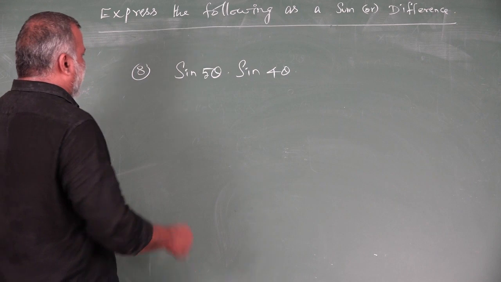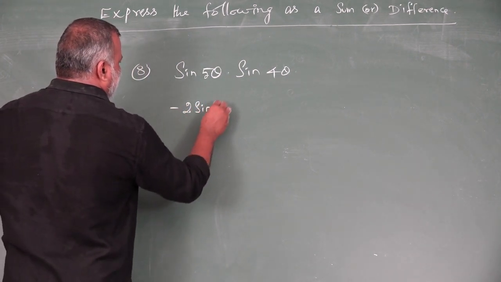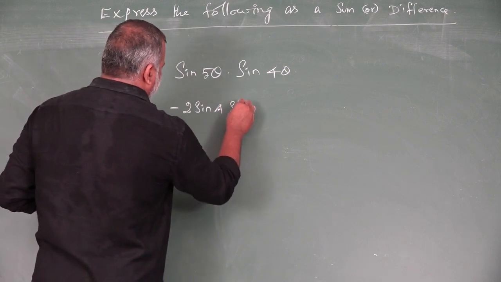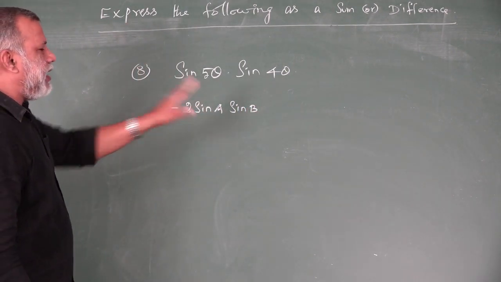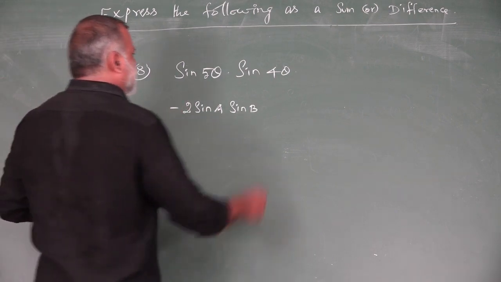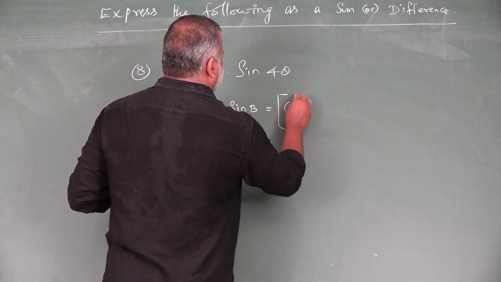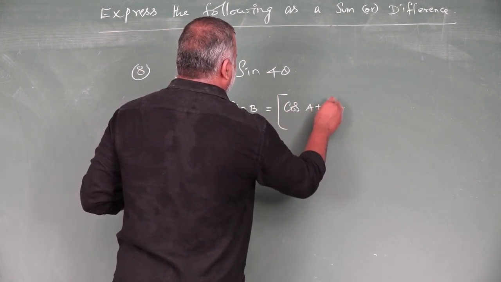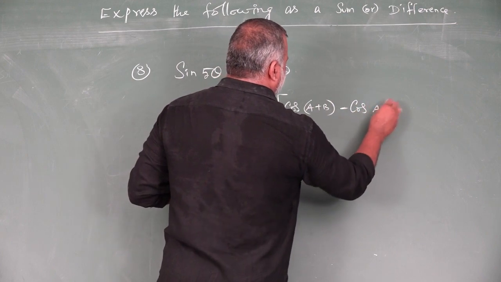We have a result like this: minus 2 sin A sin B. When we are getting this result, this is equal to cos of A plus B minus cos of A minus B.